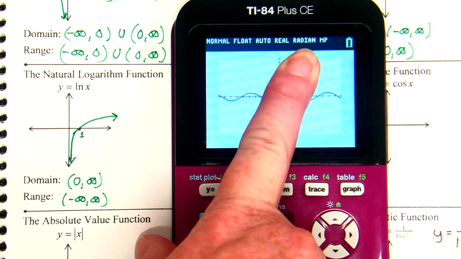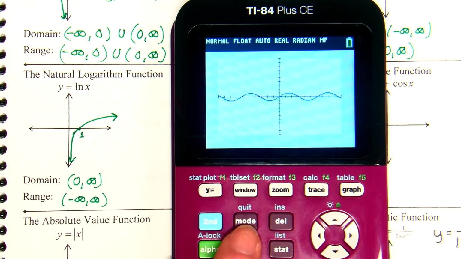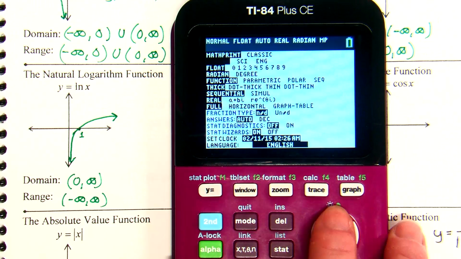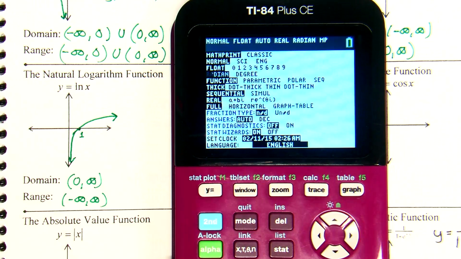When we get in trig, we'll go back and forth a lot between radian and degree mode. If you ever need to change that, you go into mode, and it's the fourth thing down. If you have one of the calculators where you can't see it at the top, you go into mode, and notice radian is highlighted, so I'm in radians. I could arrow over and change it to degrees if I have to.